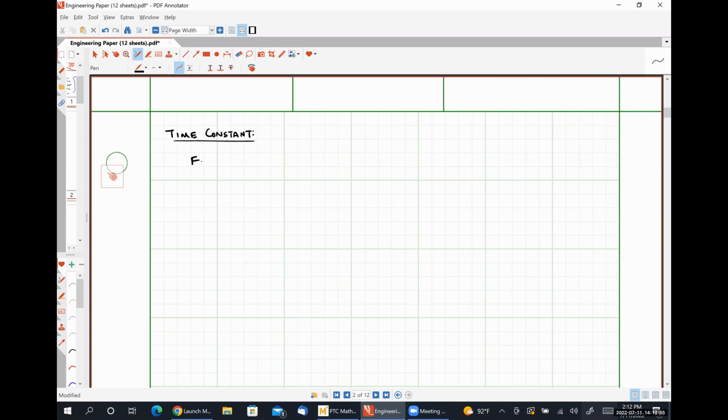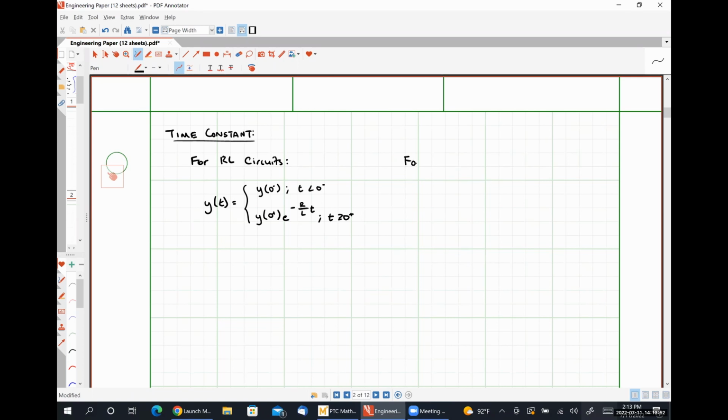So for RL circuits, what we found was that Y of t, where Y here represents a voltage drop across a resistor or inductor, or a current flowing through a resistor or inductor, was of the form Y at 0 minus, for t less than 0 minus, and Y at 0 plus, e to the negative R over L times t, for t greater than or equal to 0 plus.